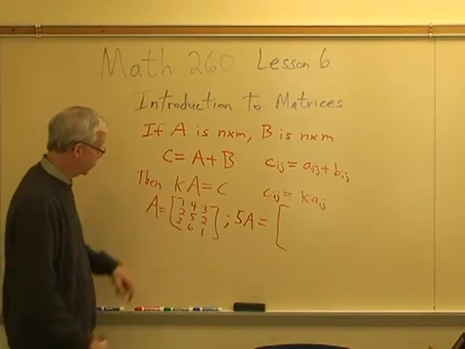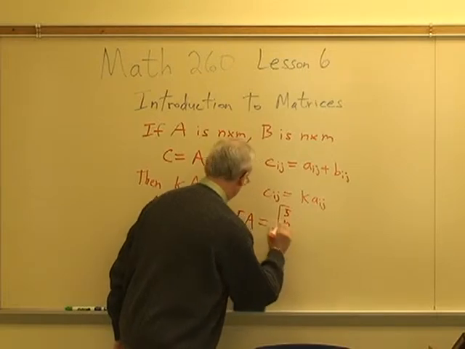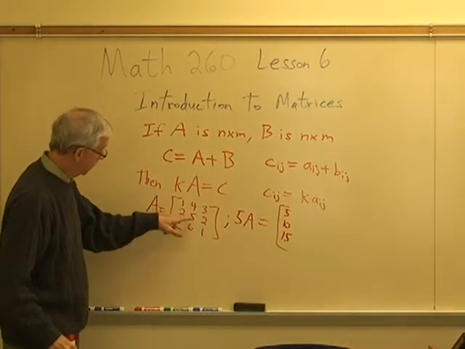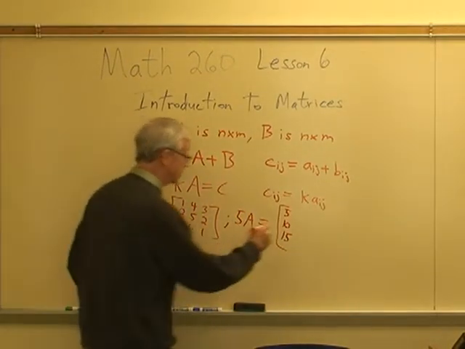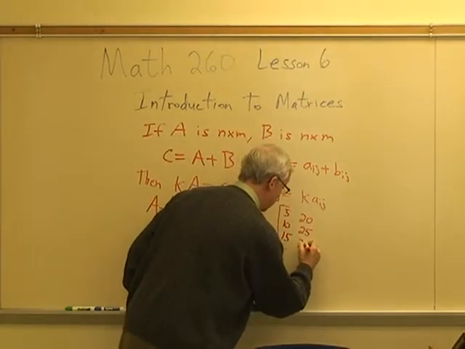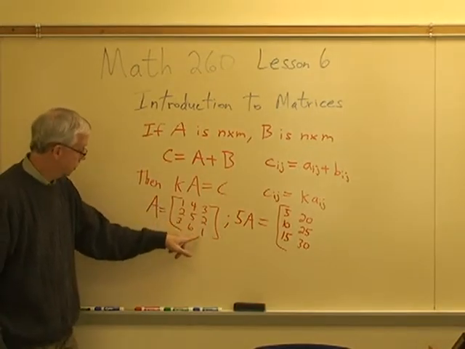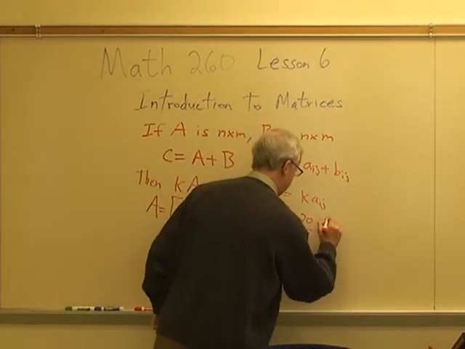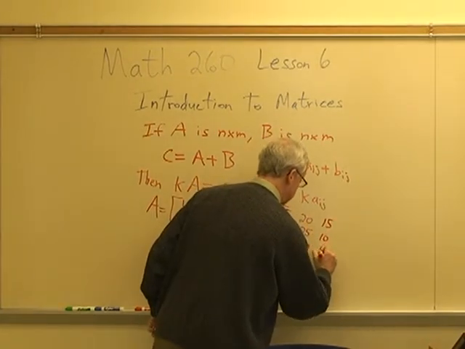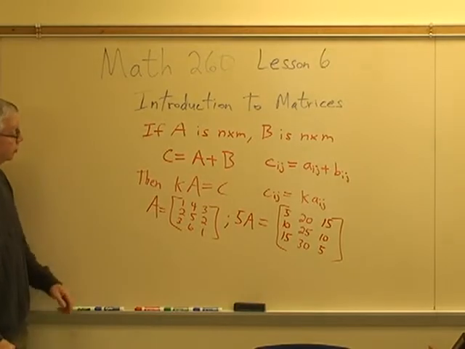So 5, 10, 15, 20, 25, 30, and then multiplying the last column by 5, 15, 10, and 5. So that's how we multiply a matrix by a scalar.